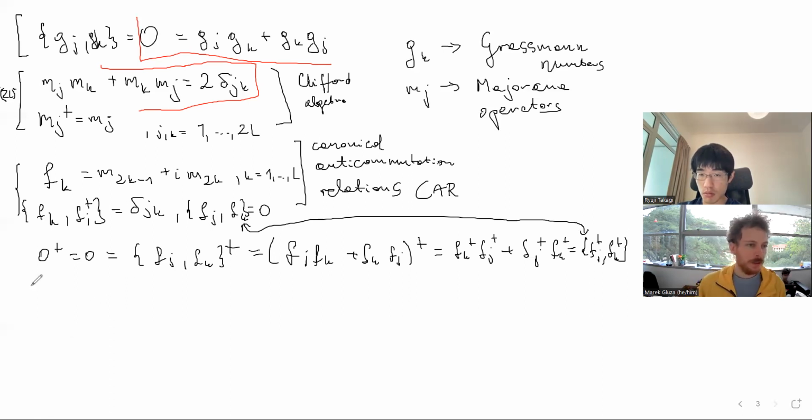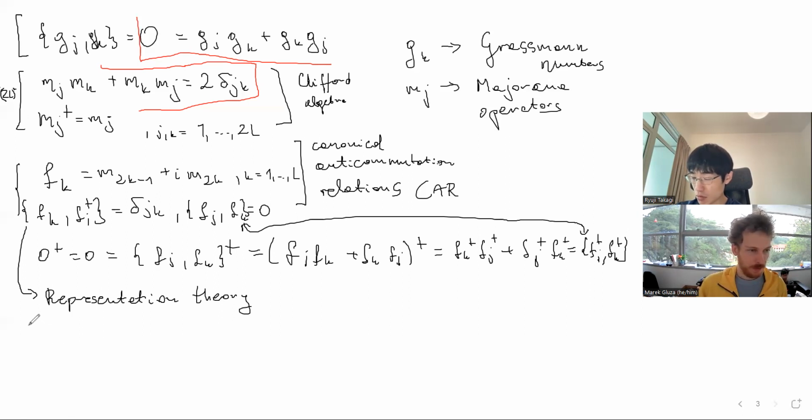Okay, another thing is that if we want to do representation theory for this, this is something that I will only mention in passing, but basically we need to postulate that there is a state, psi, such that for all k from 1 until L, this state is in the joint kernel of the f_k's.